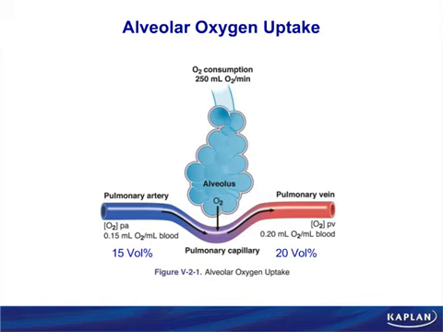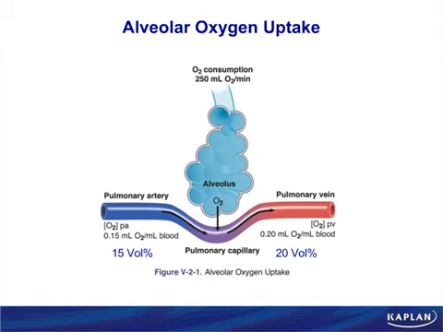And so we need to get our units right. So we want to convert the 15 volume percent to 0.15 mils of oxygen per mil of blood. On the pulmonary venous side, where we have arterial blood, it's 20 volume percent. We're going to convert that to 0.2 mils of oxygen per mil of blood.